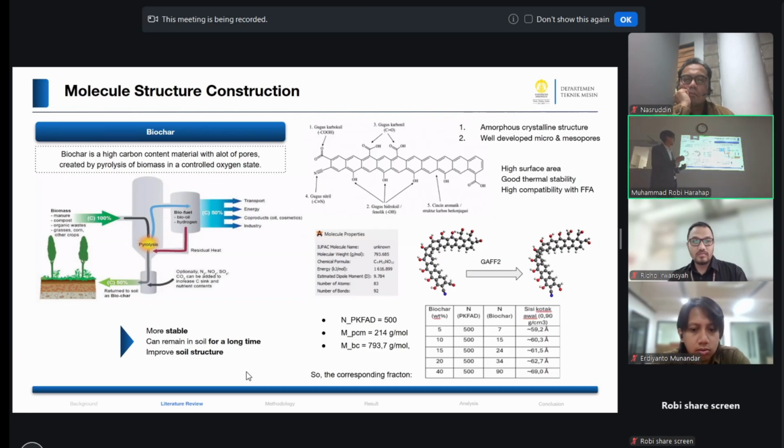This difference in charges creates polarity. The key takeaway is that polar groups will interact really well with other polar groups, which we can see later. Okay, now I've also made my biochar molecule, and I validated it with the molecular weight and also the molecular formula. And then, yeah, that was it.